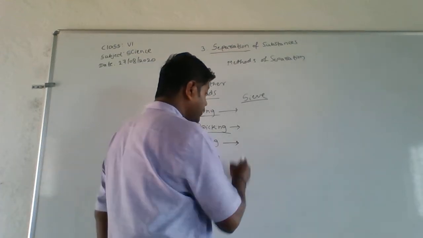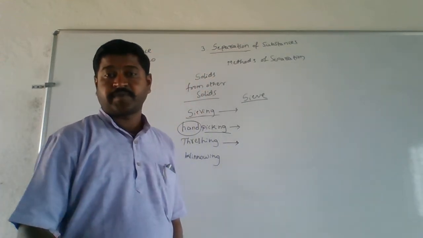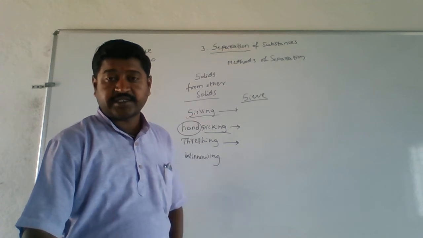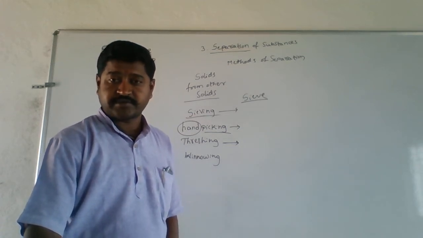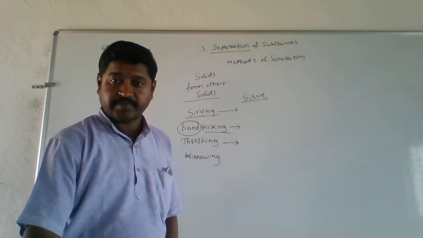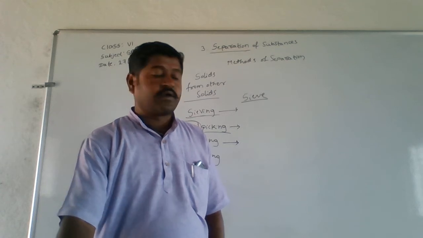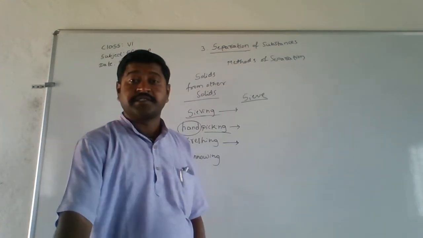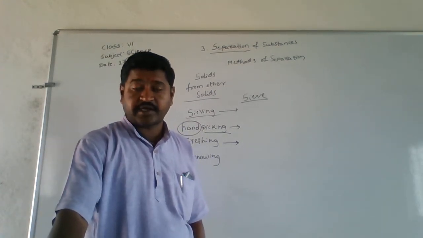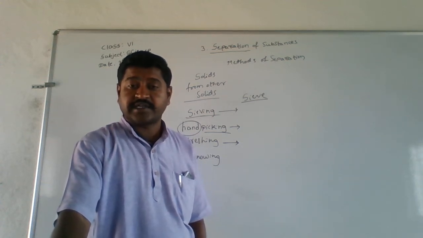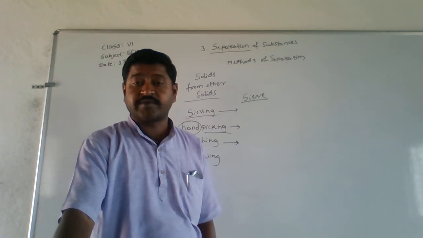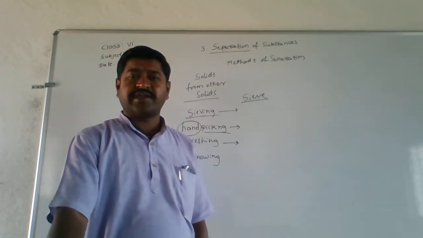Then we have threshing. What is threshing? I think you have learnt it in the first chapter, crop production and management. Threshing is separating the grains from their stalks. So grains are separated from their stalks by various methods.